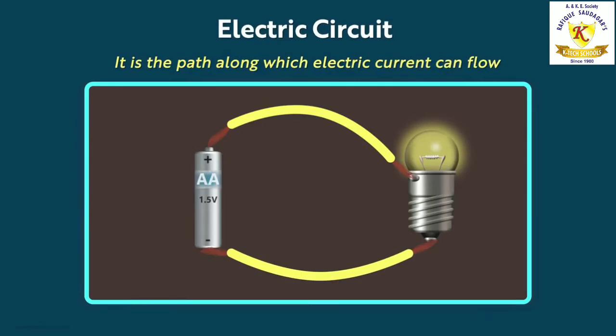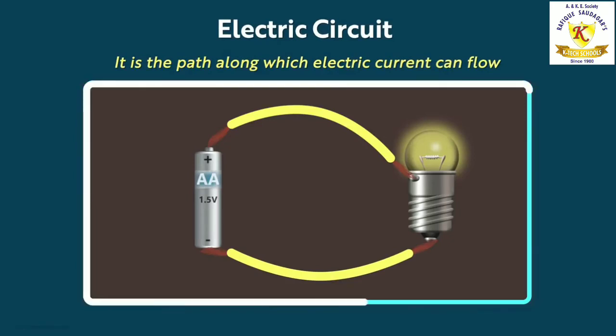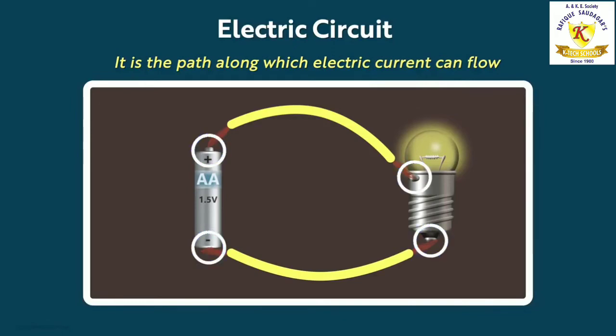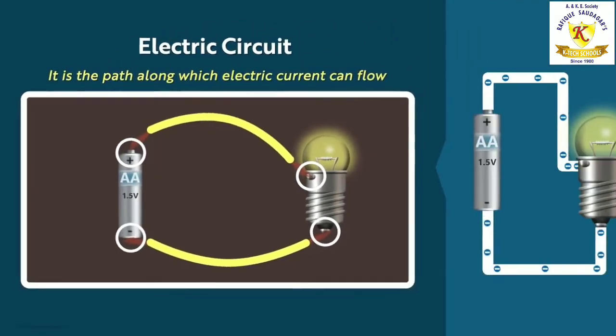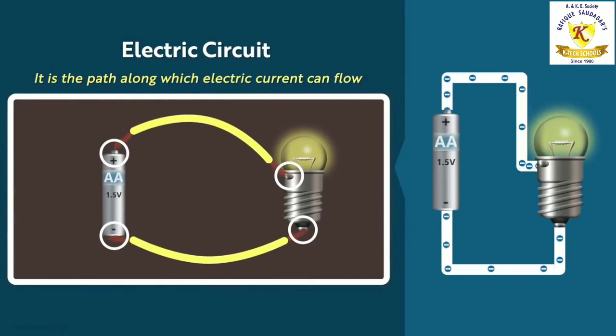You can see here a closed loop is formed. All the terminals of the electric cell and bulb are occupied. So here the electric current is flowing along the closed path. We say that the electric circuit is complete.